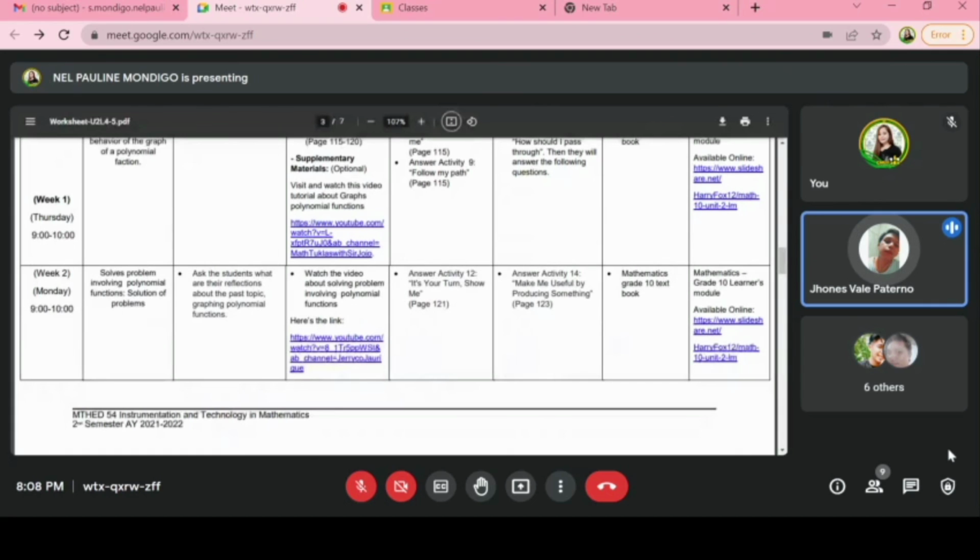This activity was a little bit difficult because it involved word problem solving. These topics can be found in hardware materials, the Mathematics Grade 10 textbook, or software materials, the Grade 10 Learner's Mathematics Module, and can be found with the given link.